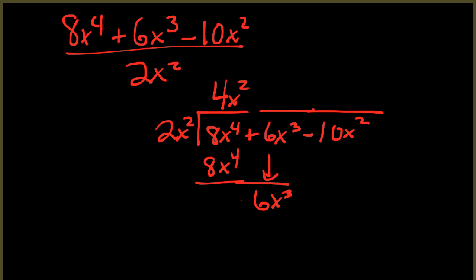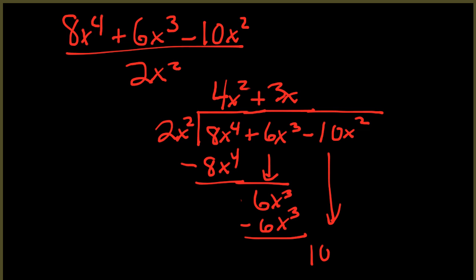I'm going to have to multiply 2x squared by plus 3x. What I end up with is 6x cubed, but I have to subtract that. So what I'm left with is 0, so I bring down my next term, which is 10x squared.